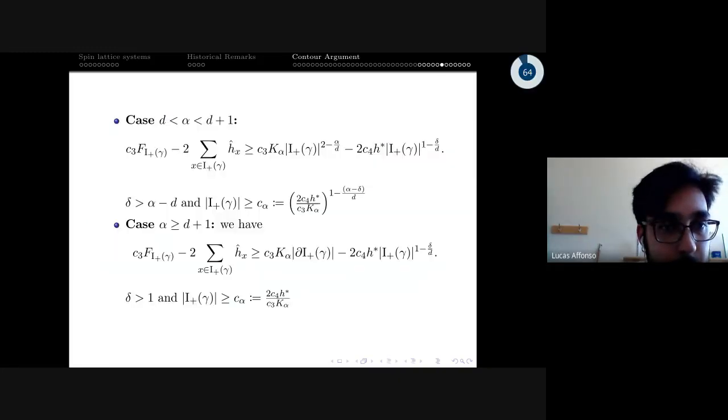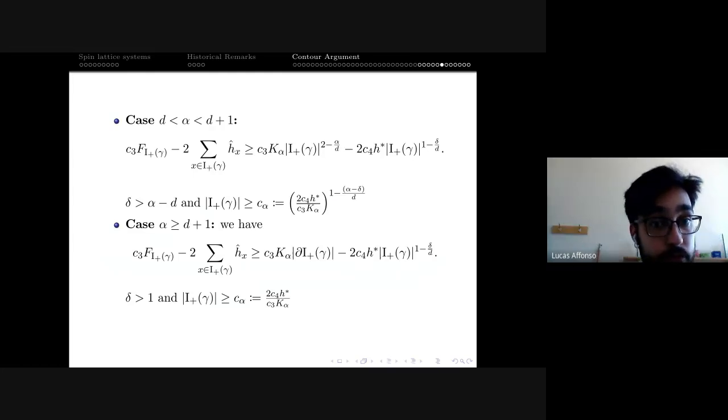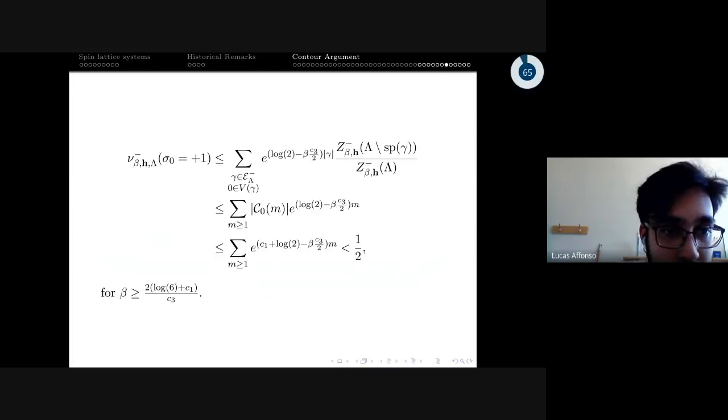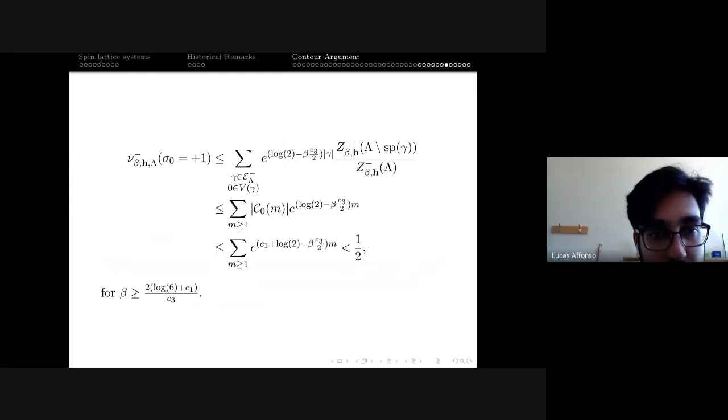In the first case, between d and d plus 1, when you compare these two quantities, you can get this bound, and then you can prove that these quantities are positive. After that, it's the usual Peierls argument.